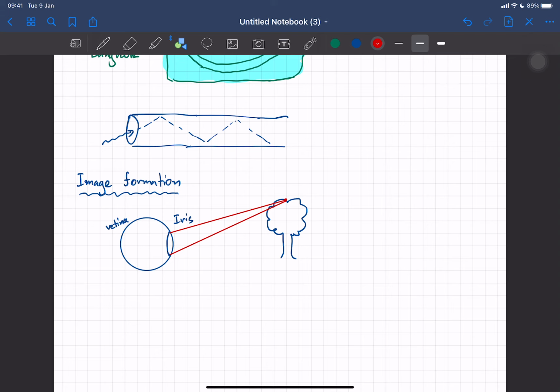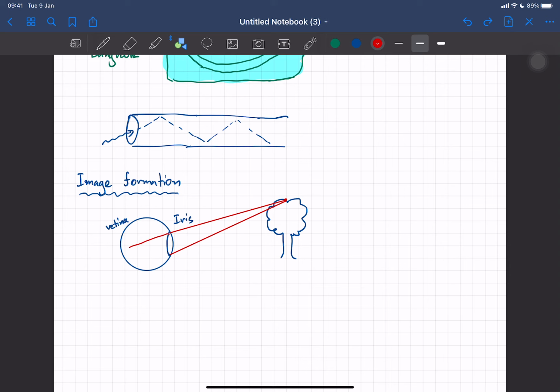So the role of the eyes is to collect this light, and I'm drawing only two, but remember there's also a lot of them in between, so we are not drawing that. So these two are like the two extremes. The iris is just the opening of the eyes. This is just like the lens of the eyes.